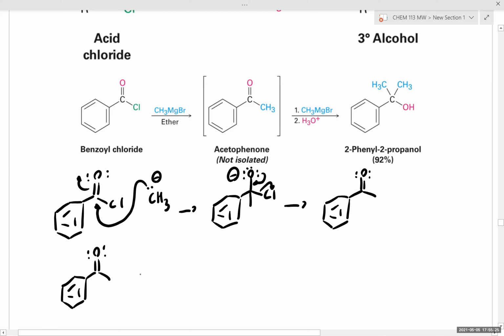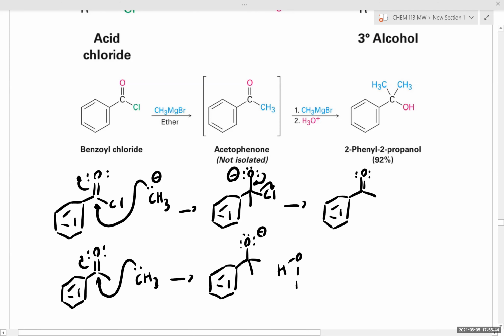And this ketone will readily react with a second equivalent of Grignard to generate the corresponding alkoxide ion. From here, you can protonate your generated alkoxide ion, and that gives us our desired alcohol.